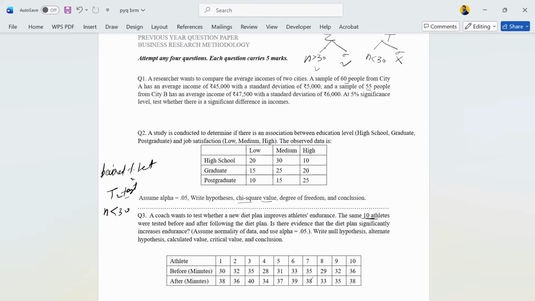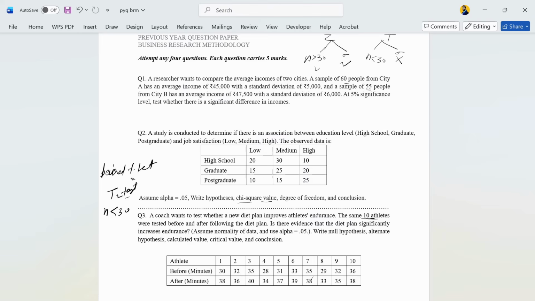Still, I will not count this kind of scenario in a paired t-test, because the paired t-test has an assumption: we fix the sample size during our study, first collecting the data before the activity, and then collecting data from the same population or sample set after the exercise, workout plan or diet plan.